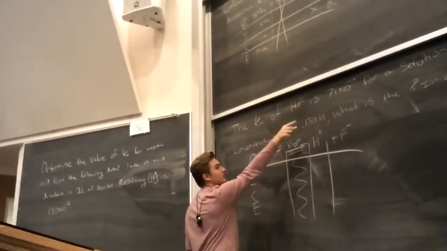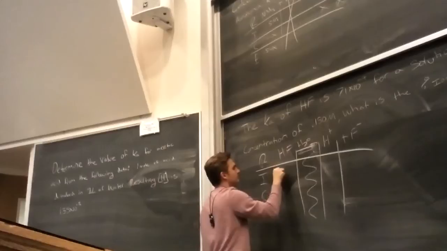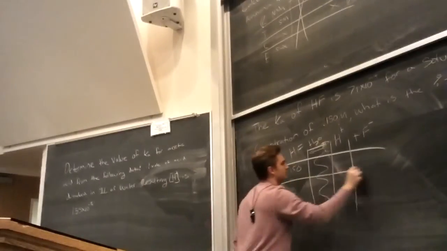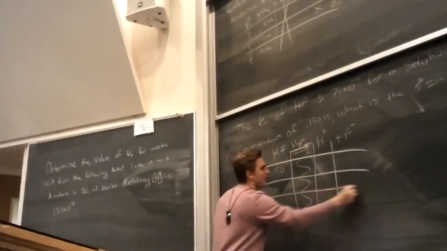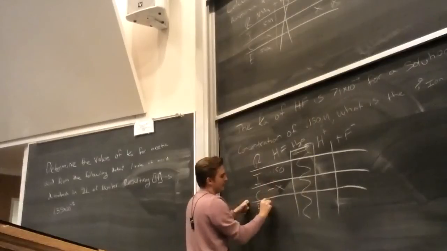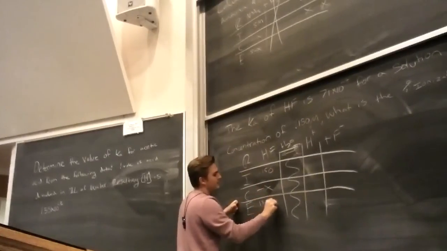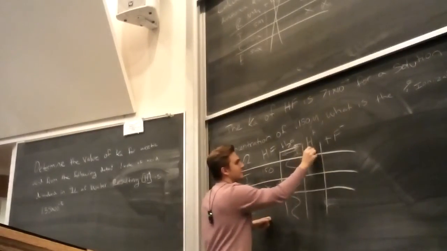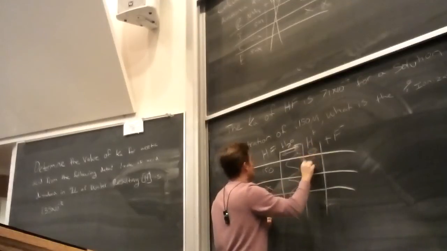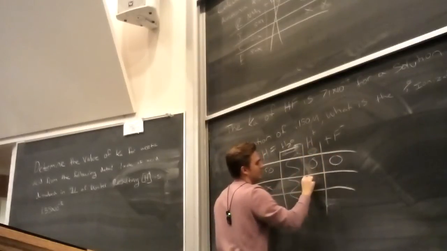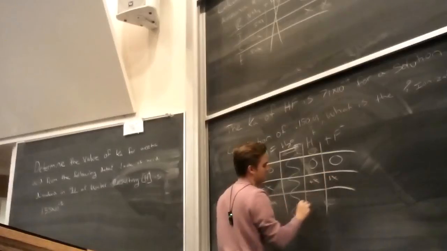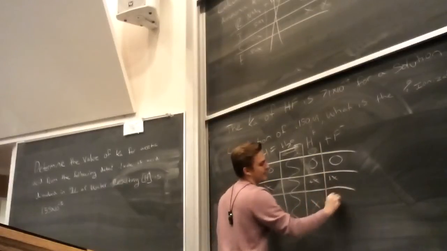So my initial concentration, I know, is 0.15. Trivial for you guys. Okay, do I lose or gain? I lose. At equilibrium, I'm 0.15 minus x. Over here, I started with 0. We started with 0, gained x, and at equilibrium I was x.